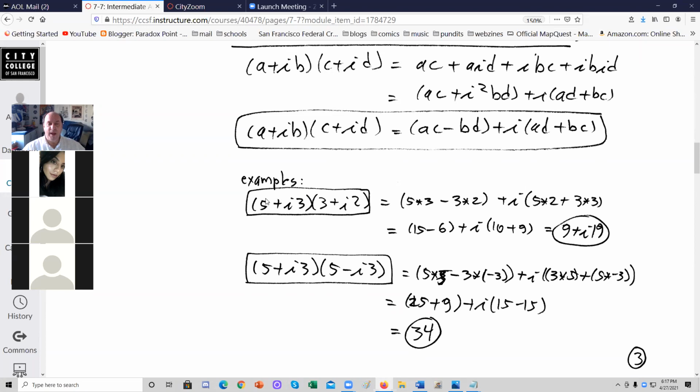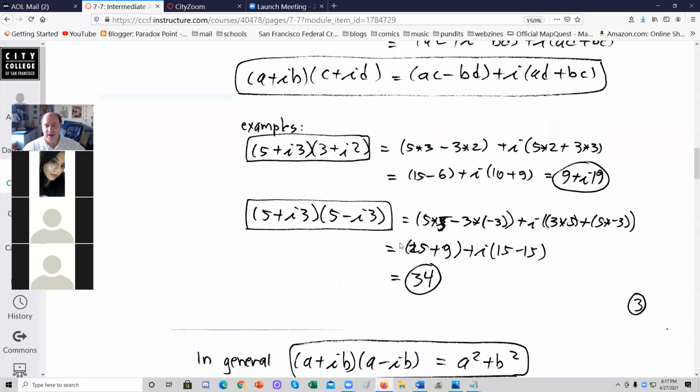All right, so multiplying up by FOIL, 5 times 3. i times 3 times i plus times i times 2, i squared is -1, so -3 times 2. 5 times i2, i times 5 plus 2, plus i3 times 3, so i times 3 plus times 3. So this will be 15 minus 6 for the real part, plus i times 10 plus 9 for the imaginary part. So that'll be 9 plus 19i.